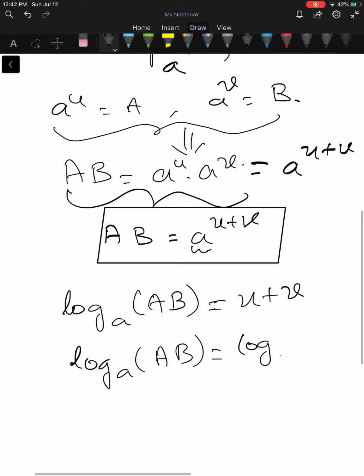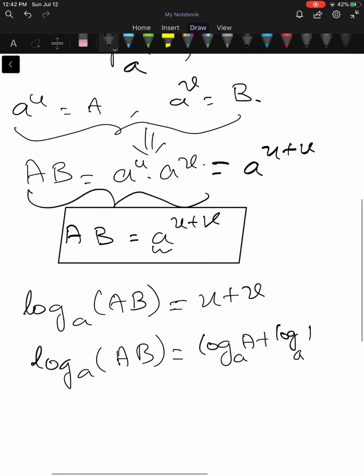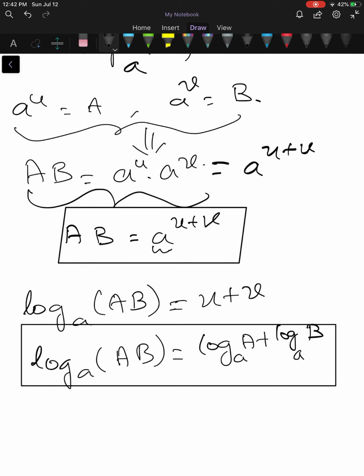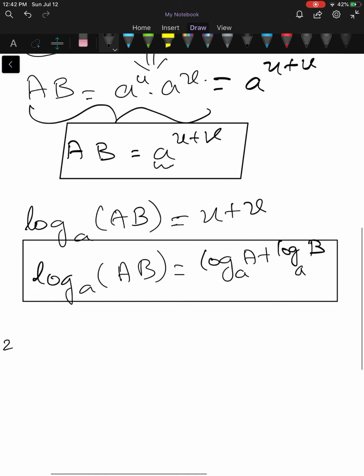But what are u and v? u and v are log base a of A plus log base a of capital B. So hence we proved property 1.